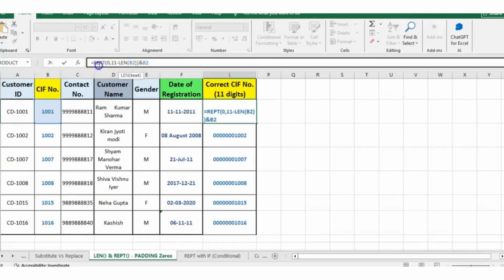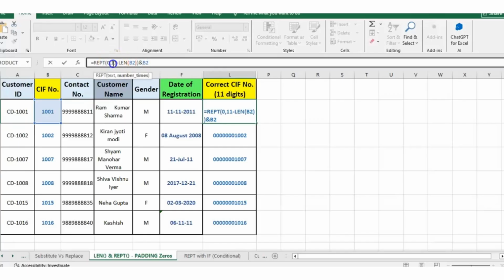The repeat function repeats a text for a given number of times. Here the text which we want to repeat is 0. Then the number of times it has to be repeated will be calculated and can vary basis the value present in column B. So we want to make sure that we have the CIF number of 11 digits, out of which 4 digits are already being concatenated.